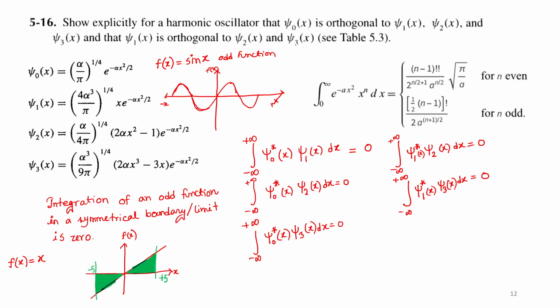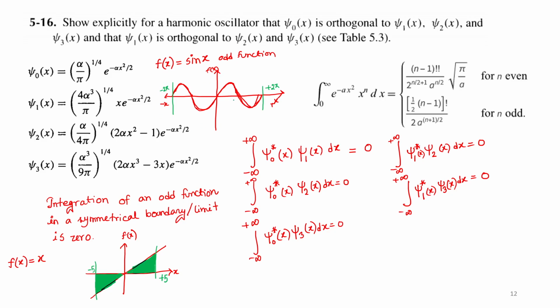So apart from my poor artistic skill, you can understand what I'm trying to say. The area under the curve, if you see right now, this is pi by 2, this is plus 2 pi, and this is minus 2 pi.